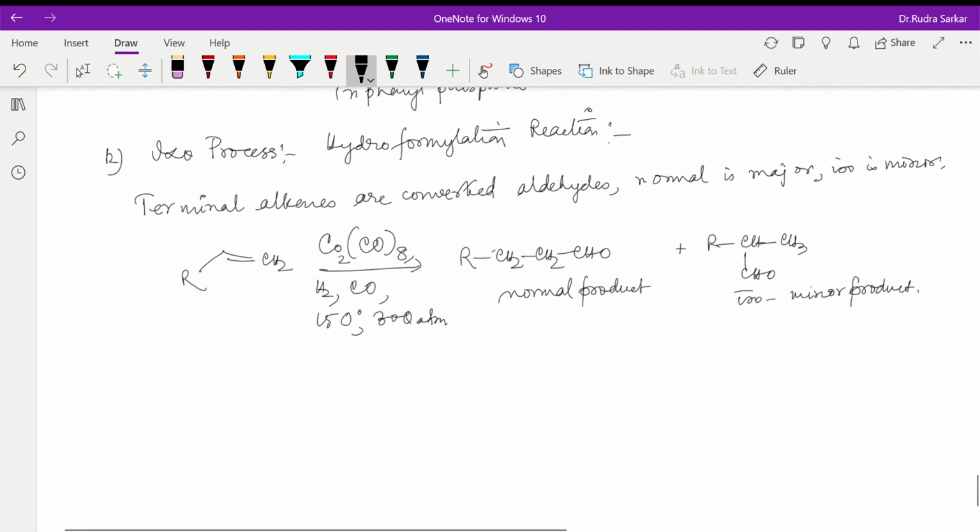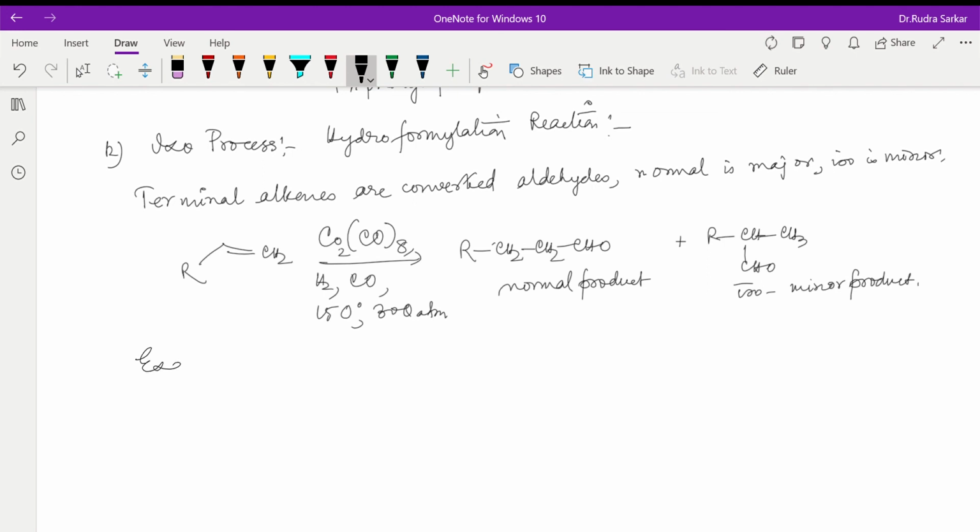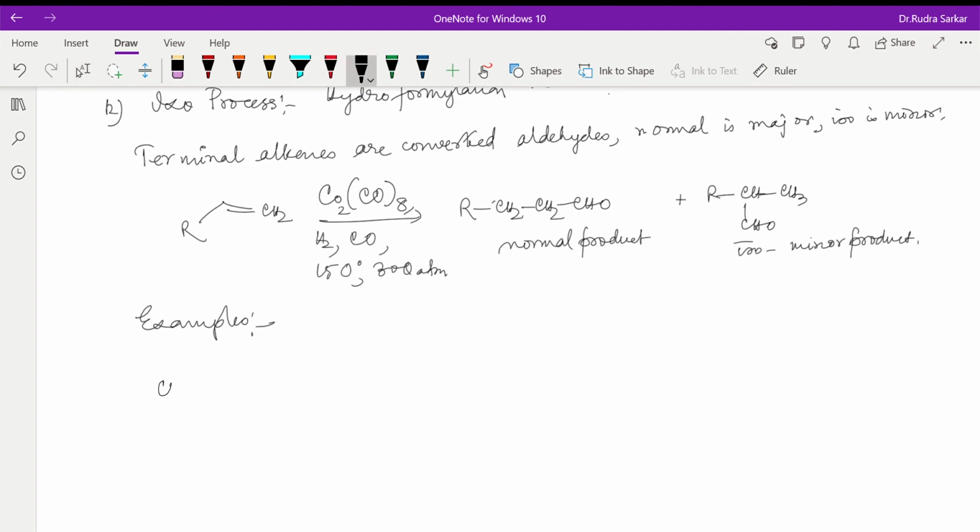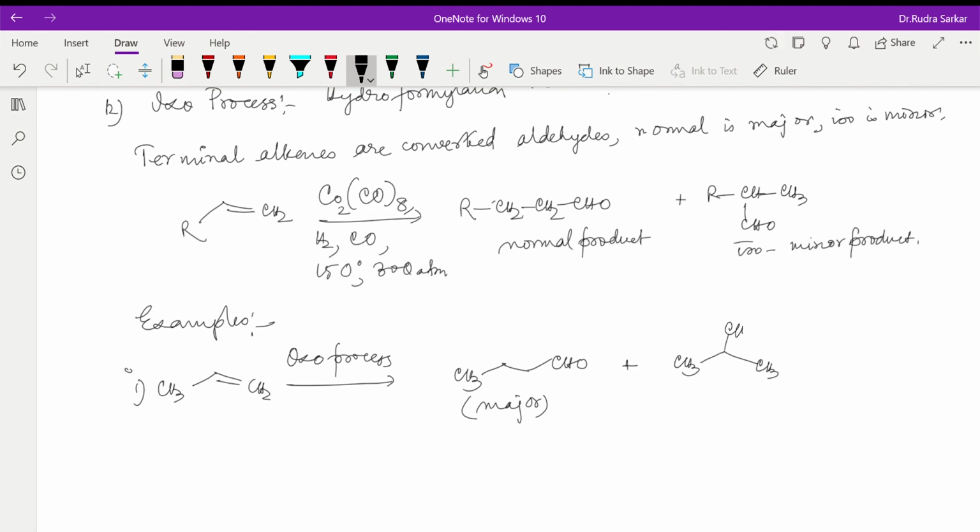Okay. Let's do some examples. Just writing Wacker process to shorten. So this will be giving you CH3, CHO. This is one of your products which is major, and the other product will be this. Okay.